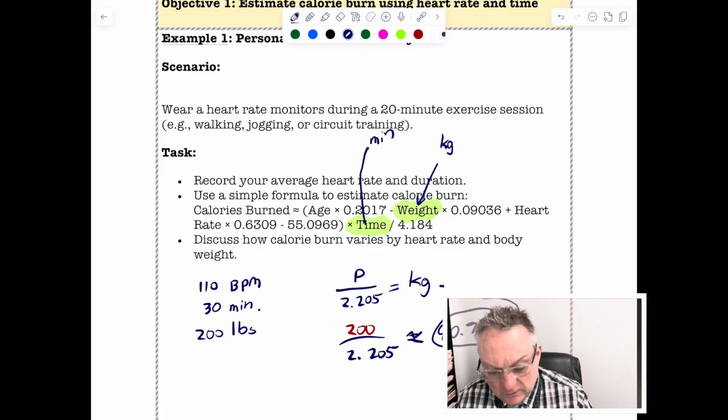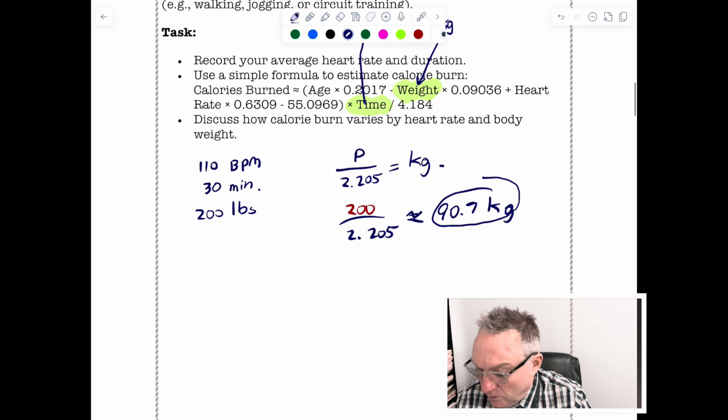So I set up my formula. I get this whole group of parentheses, and I'm going to say 53 for the age.